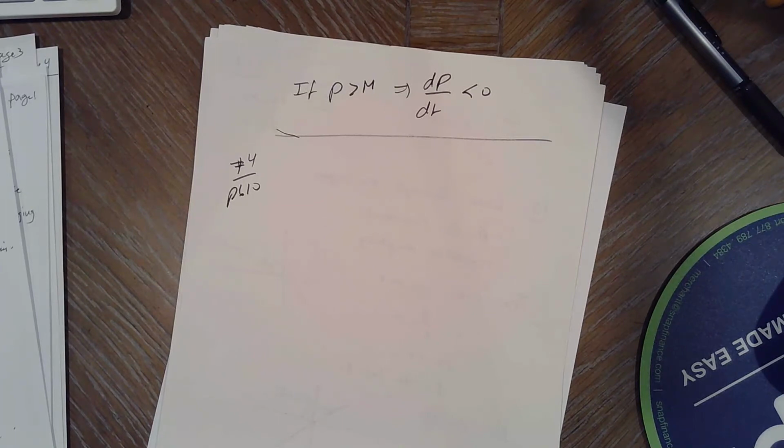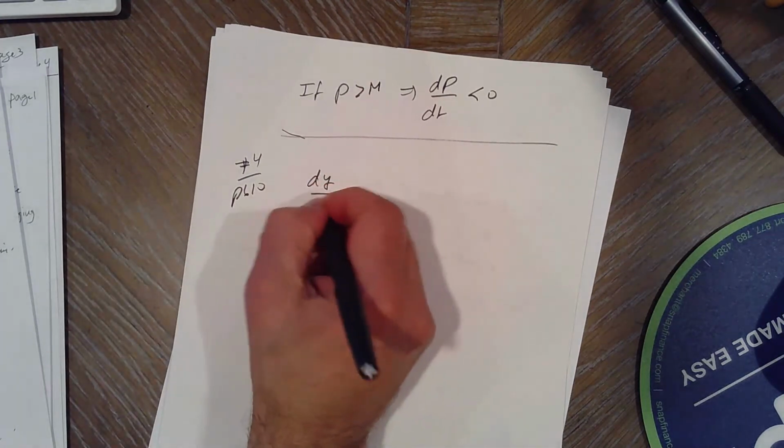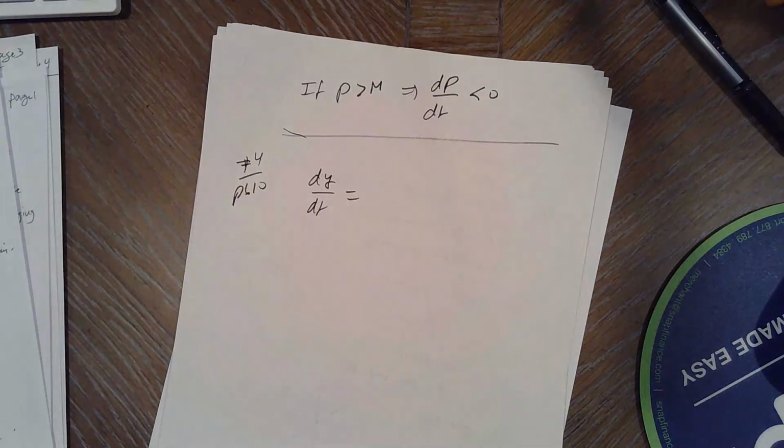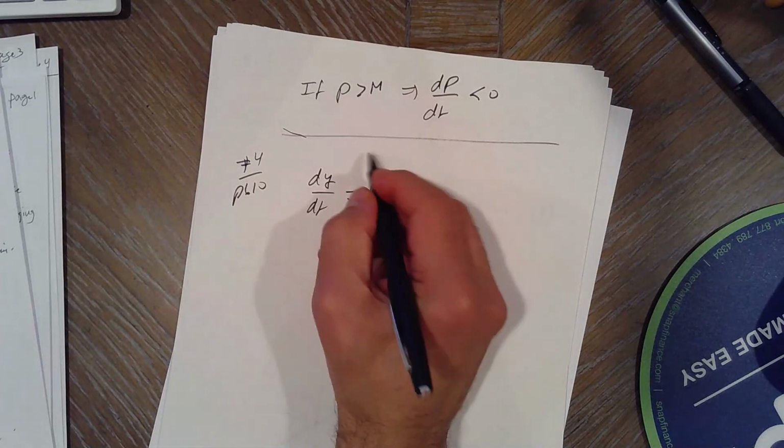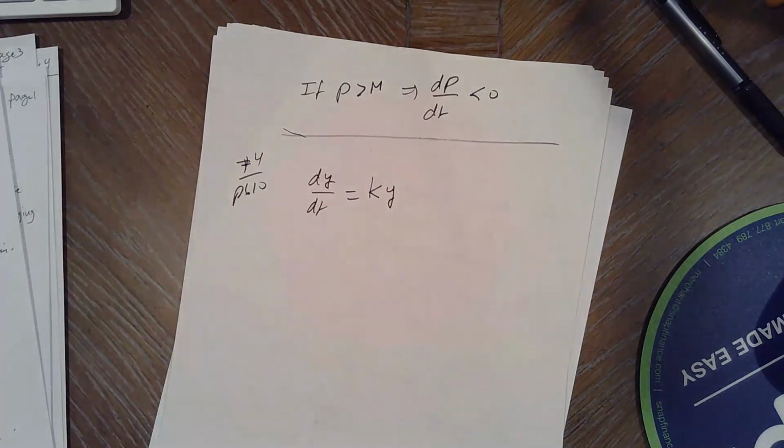So the rate of change of y, the number of infected individuals, so dy by dt, is proportional to the product of the number of infected individuals, ky, where y is the number of infected individuals, and the number of non-infected individuals.